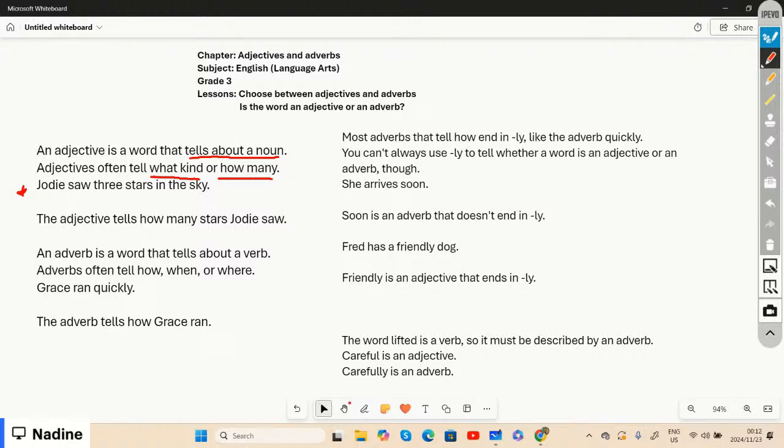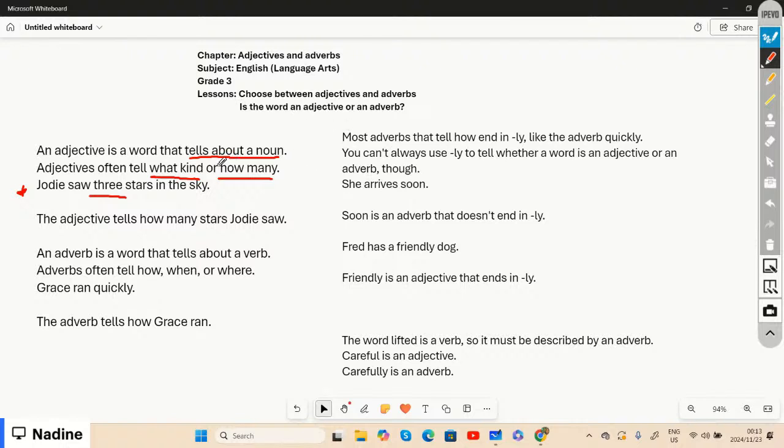So the word three tells us how many stars Jody saw.